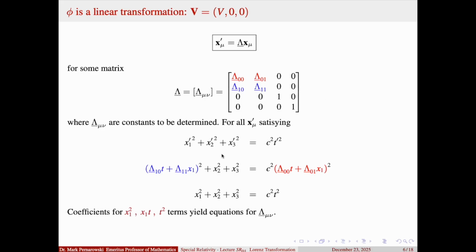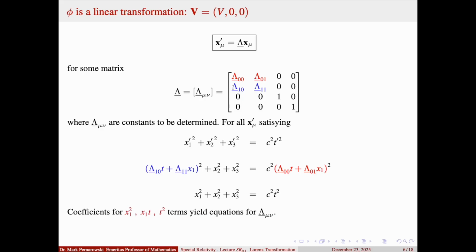To find them, we start with the fact that the light emanating from the origin in K prime lies on this sphere here, x1 prime squared plus etc. equals c squared t prime squared. Now, if we have this transformation, the x1 prime can be rewritten in terms of the x1s and t's of the K coordinates. And how do we see that?